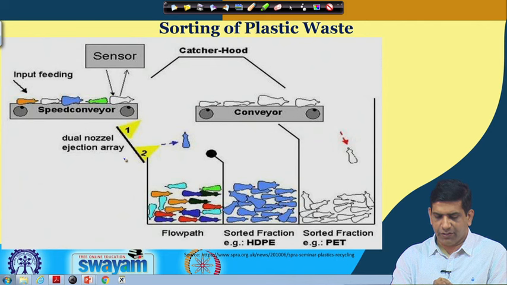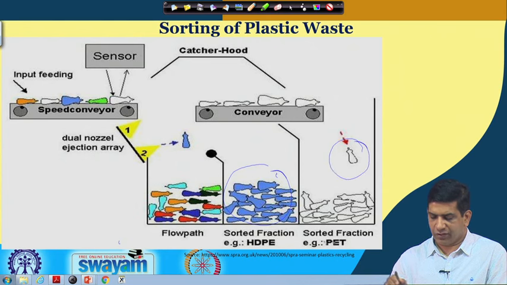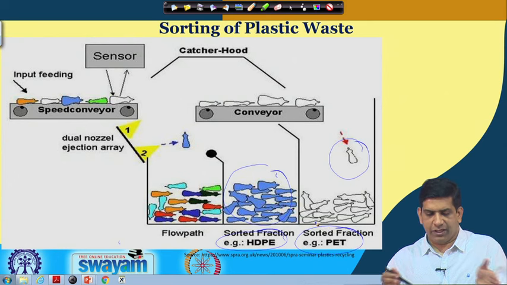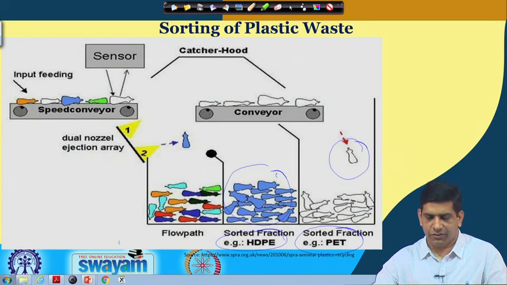If it is heavier, it gets blown, if it is lighter it comes over here. Based on the color, based on the sensor, different ejection is done, and then it gets transferred to another conveyor, and then finally goes into this particular pile. So, here you have the sorted fraction of HDPE, sorted fraction of PET separated out by sensor. Using the sensor, it gets separated out.